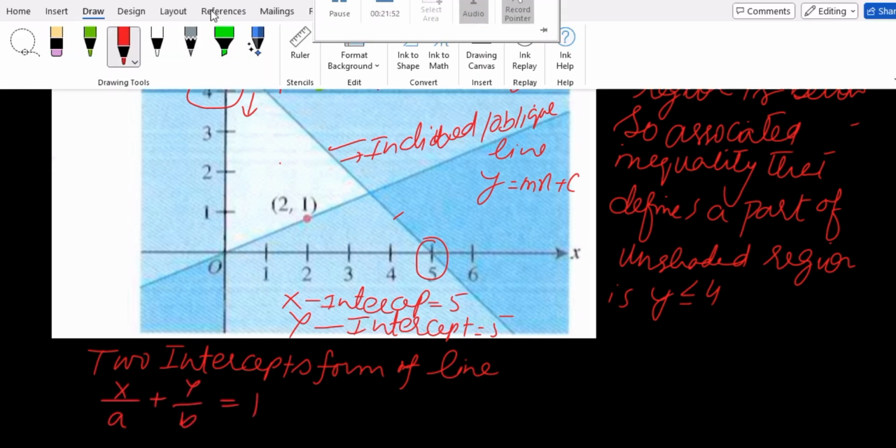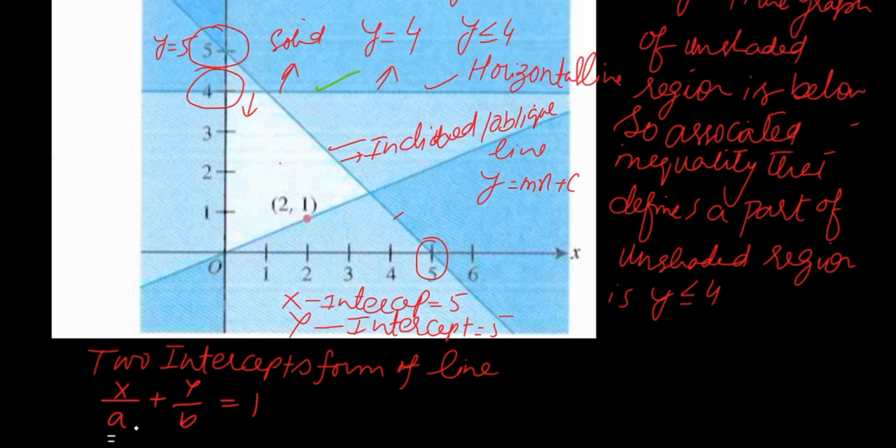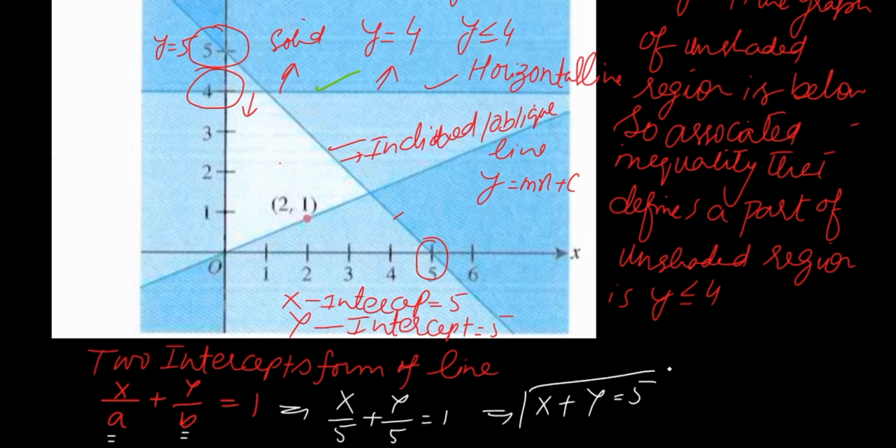The number in the denominator of x is called the x-intercept, so a is the x-intercept and b is the y-intercept. This implies the required equation is x over 5 plus y over 5 is equal to 1, because the x-intercept and y-intercept are both 5. Multiplying by the LCM, we have x plus y is equal to 5. So this line has equation x plus y equal to 5.